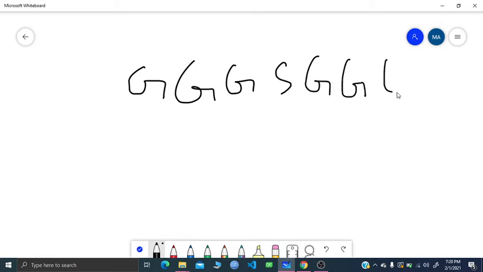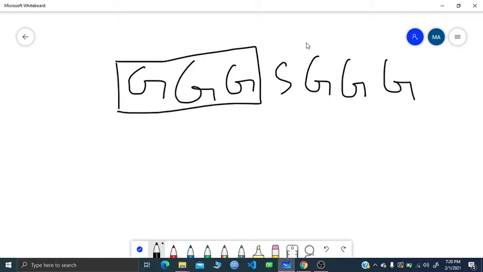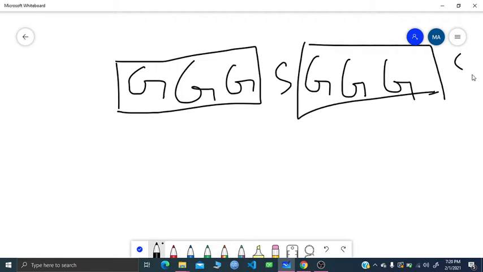Remember, we're only dealing with two golden groups. We have one group here and one group here, and some S's may be displayed here, it doesn't matter. Now look, there's only one S between these two groups, not two, not three, only one.